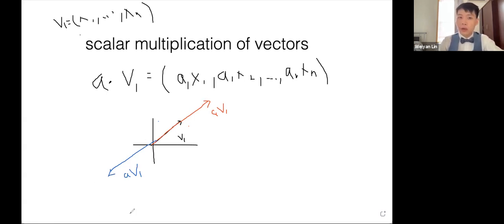Basically, the new vector stays on the same line as the original vector. This is the line that passes through v1, right? Every scalar multiple of the vector v1 also lies on the same line, maybe in the same direction or maybe the exact opposite.